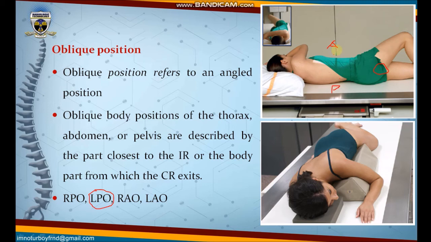Okay, so that is anteroposterior oblique projection. In this image, the central ray enters the posterior, exits the anterior, and the body is in oblique position. The projectional term would be PA oblique, posteroanterior oblique projection.